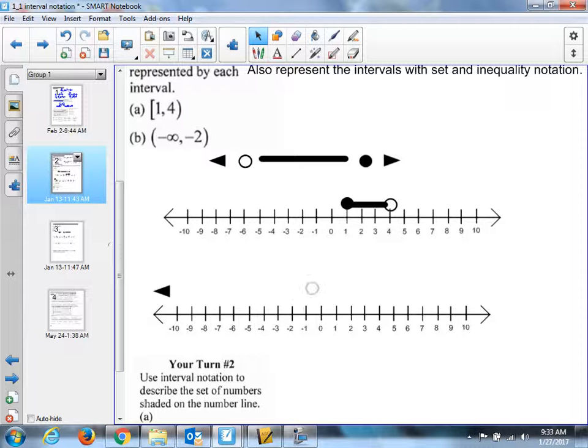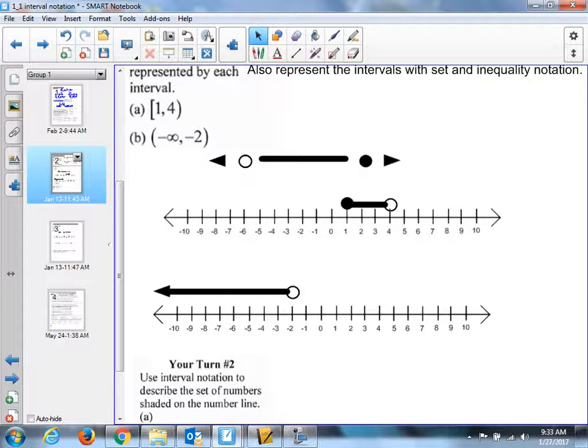So I'm going to fasten this to it. And there we go. -2 all the way down. Does that make some sense?